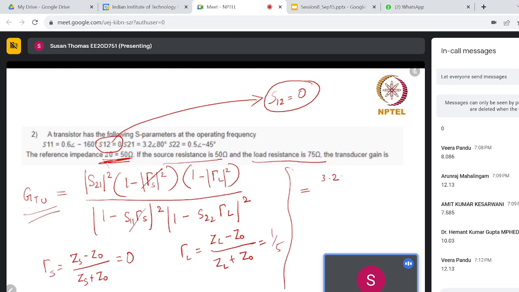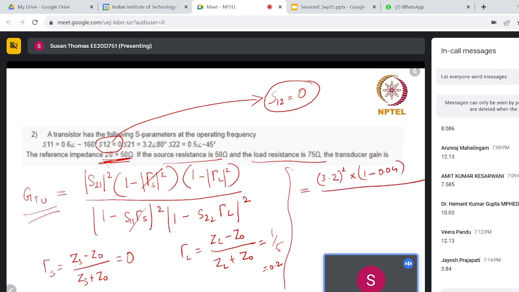So mod S21 square is 3.2 square into 1 minus mod gamma L square. So that is 0.2. So gamma L is basically 0.2 square, that is 0.04. So divided by, you know that the first term does not exist.